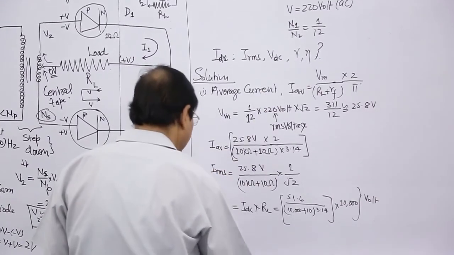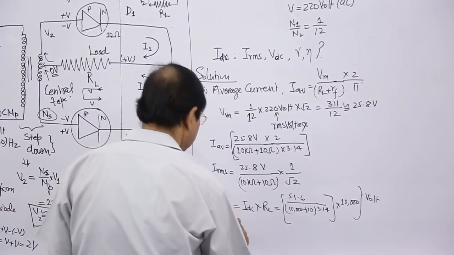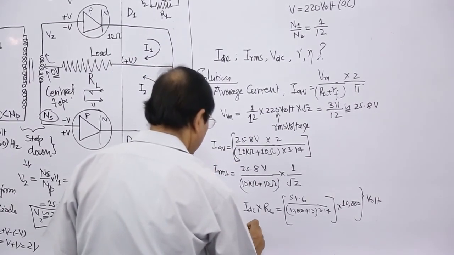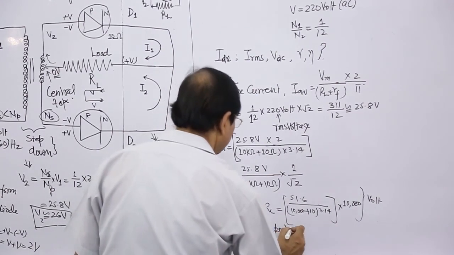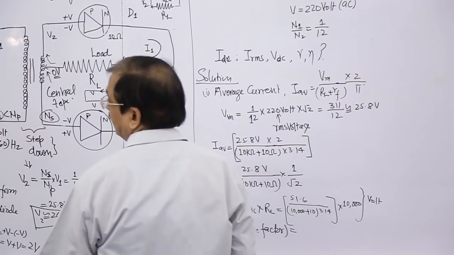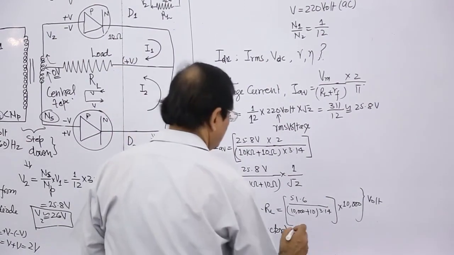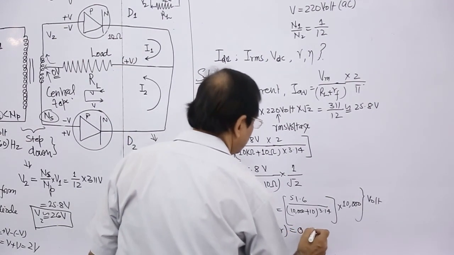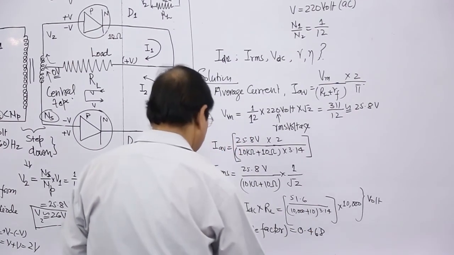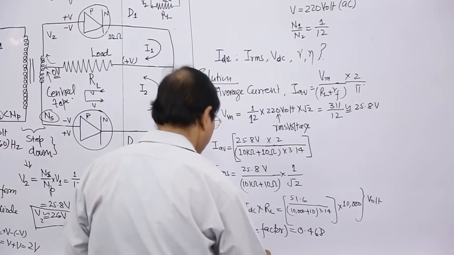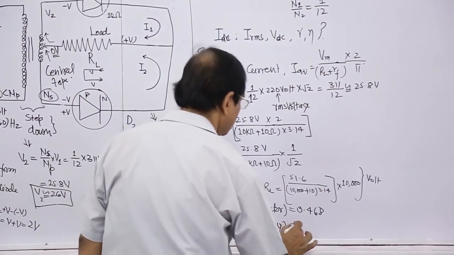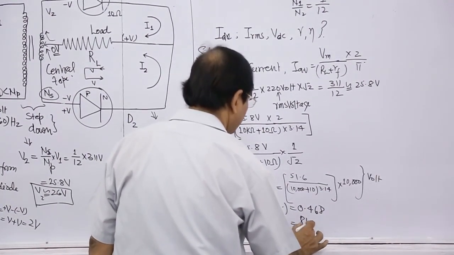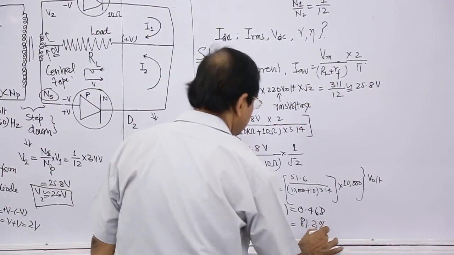And then the ripple factor is very clear, it is fixed, that is 0.468, and the efficiency is 81.2%.